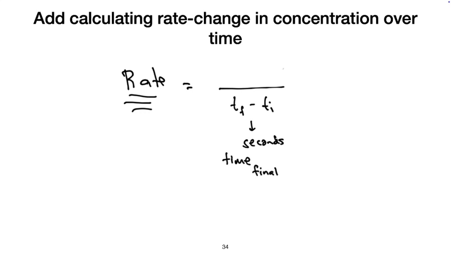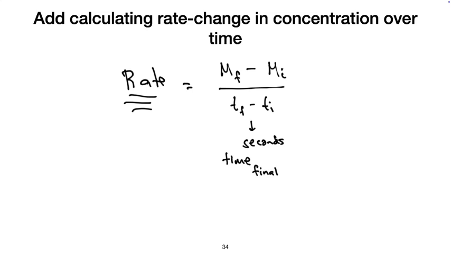I'll write out that one. What do we do for the numerator? Okay. We could look at the molarity initial, and we could compare that to the molarity final. So we would need a way to quantify those values.